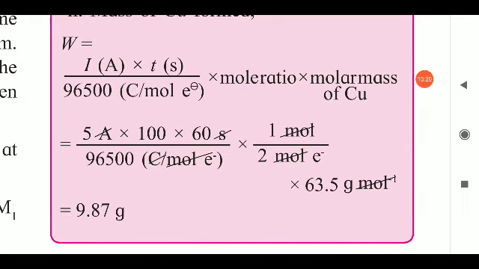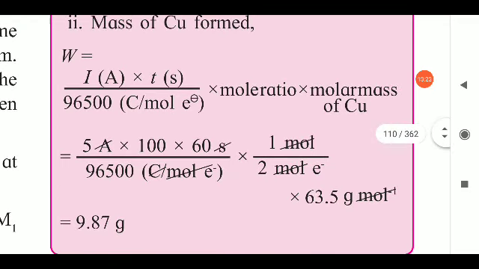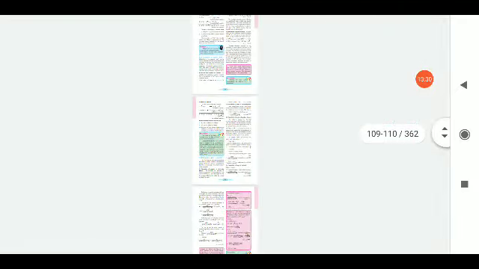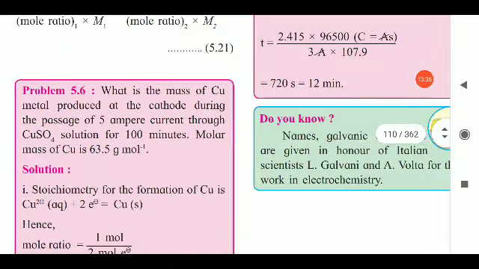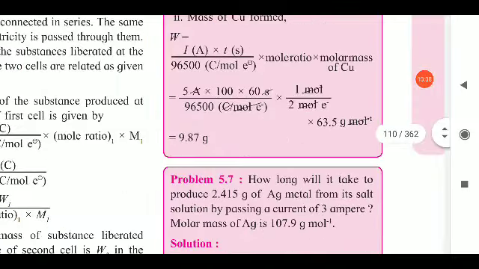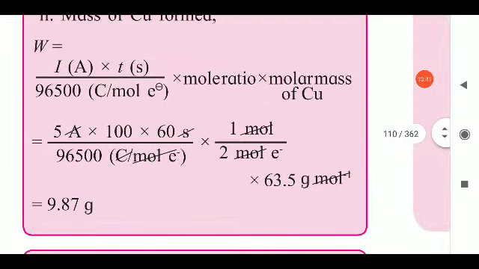So students, the current given in our problem is 5 ampere, and the time required, in the problem they have mentioned 100 minutes. Look here, we have converted that 100 minutes into seconds, divided by 96500, into its mole ratio, which is 1/2 that we have taken here, and the molar mass of copper they have also given in the problem.